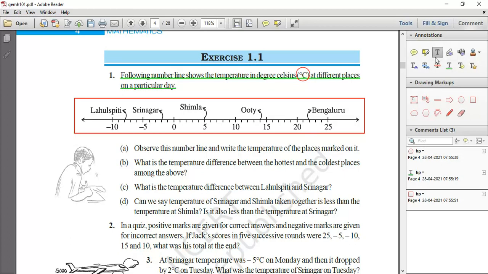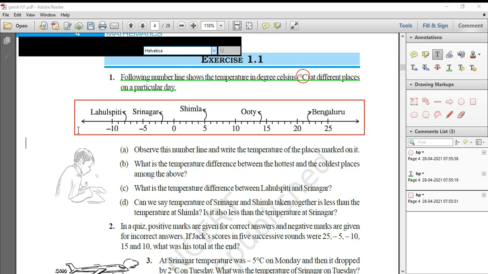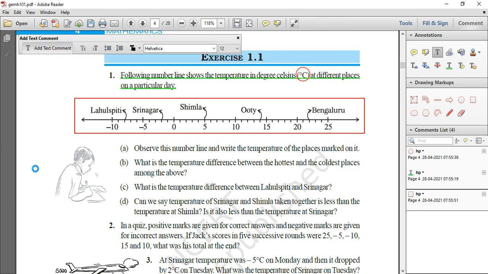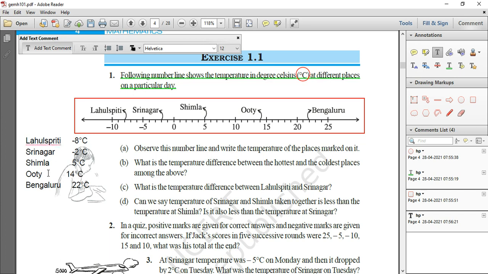So the answer for this question is here. Lahore Spiti -8 degrees Celsius, Srinagar -2 degrees Celsius, Simla -5 degrees Celsius, Ooty 14 degrees Celsius, Bangalore 22 degrees Celsius.